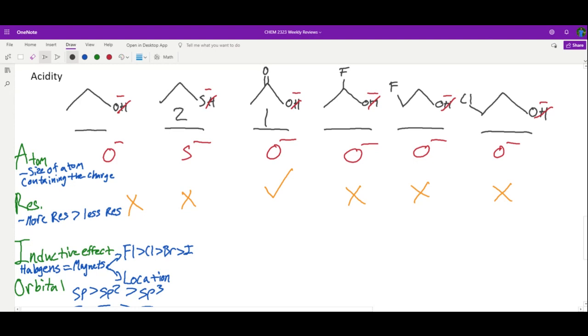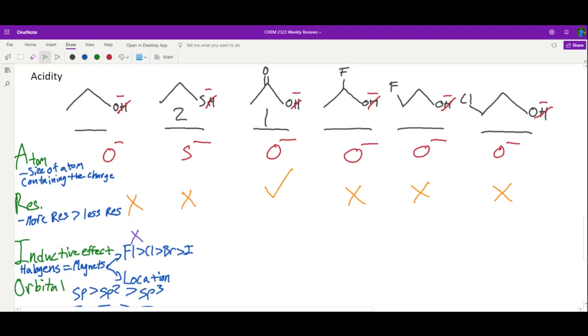The rest of the molecules are all O negative. This is where the inductive effect comes into play. For this part, we say whether each has inductive effects. The first one does not, so we'll put an X. We don't need to worry about compounds 2 and 3 because we already ranked them. So let's look at compounds 4, 5, and 6.